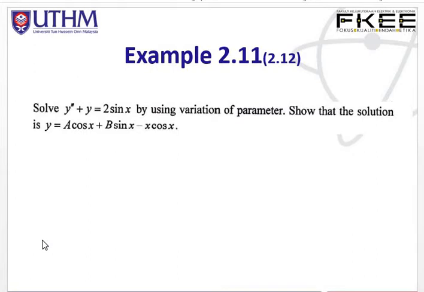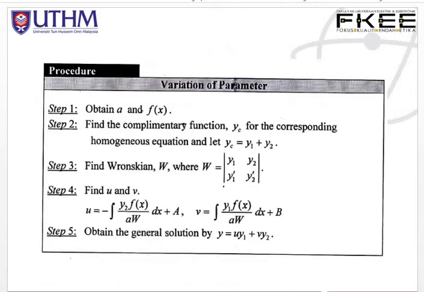Okay, now let's look at example 2.11. Solve y double prime plus y equal to 2 sin x by using the variation of parameter method. Show that the solution is y equal to a cos x plus b sin x minus x cos x.